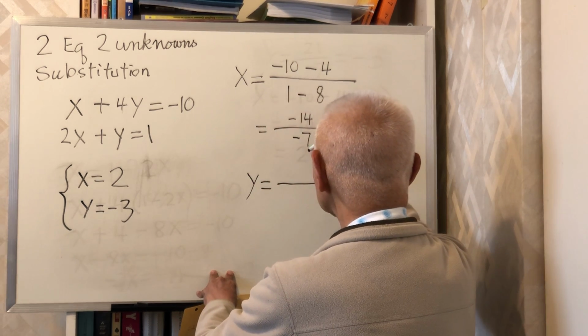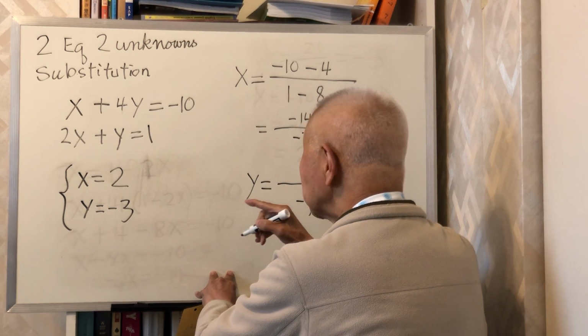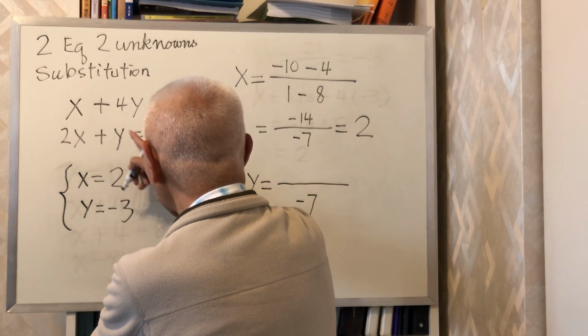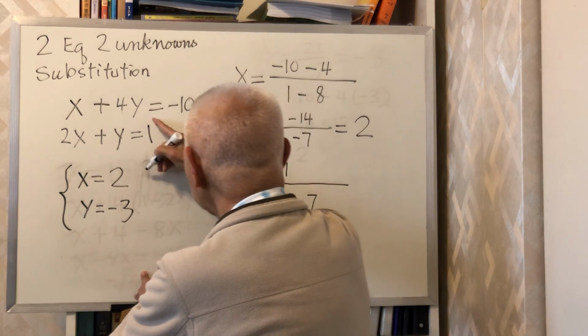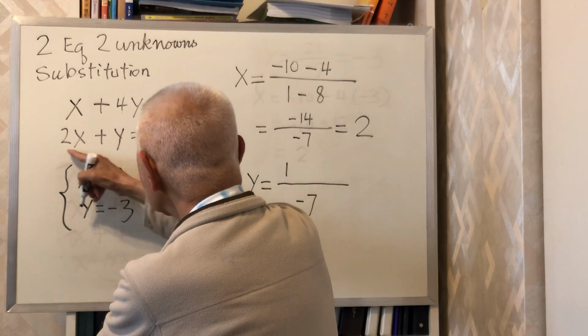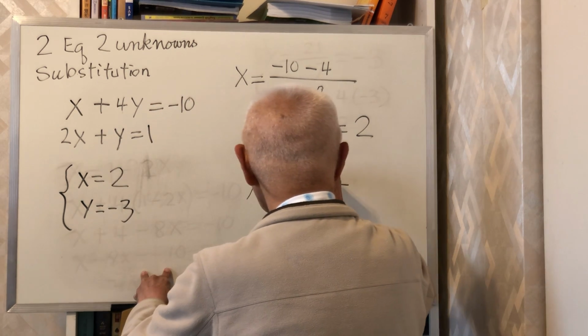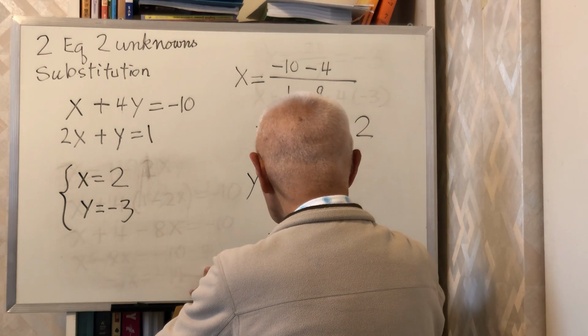Remember, the denominator is the same, so it's minus 7. But the numerator is different. To find y, the numerator is this times that. 1 times 1 is 1. Minus this times that: 2 times negative 10 is negative 20.